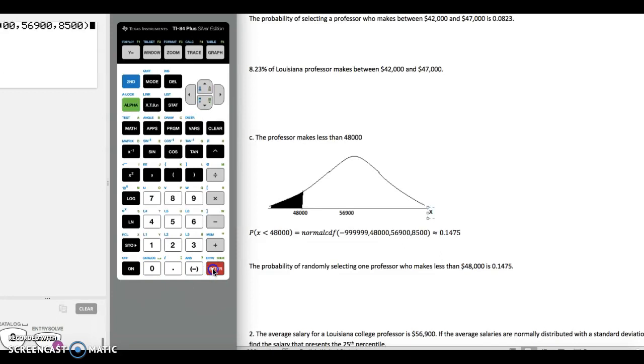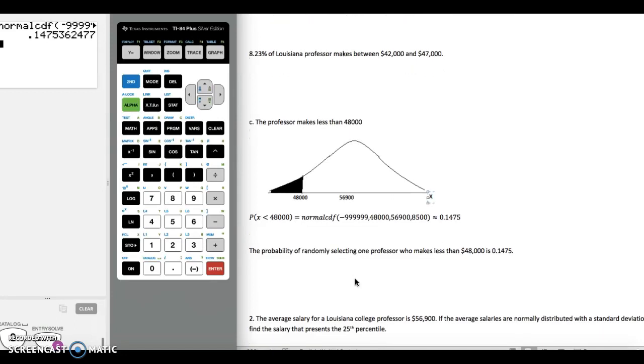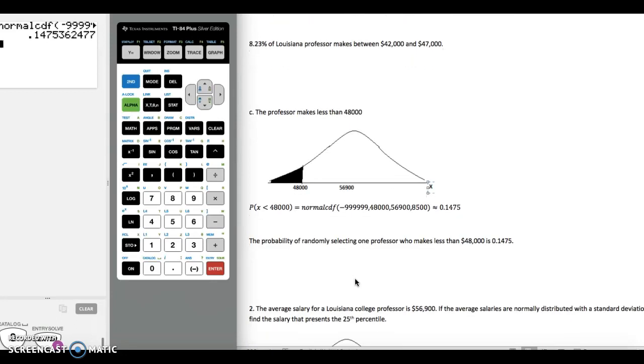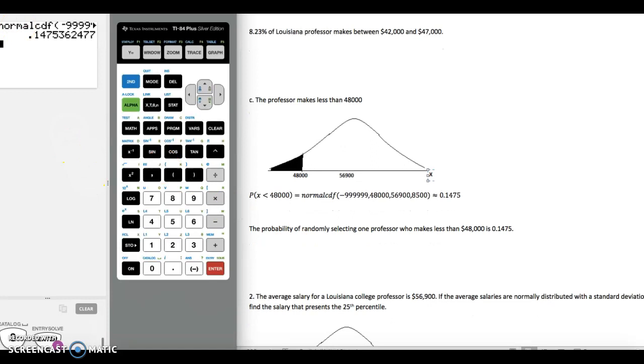Press enter, enter, enter again. And so you end up with approximately 0.1475. So the probability of randomly selecting one professor who makes less than $48,000 is 0.1475. And so that's it for this part of the video.